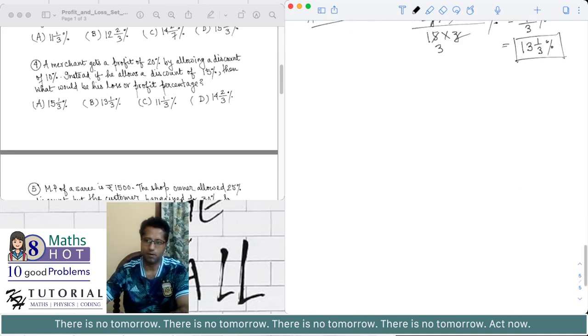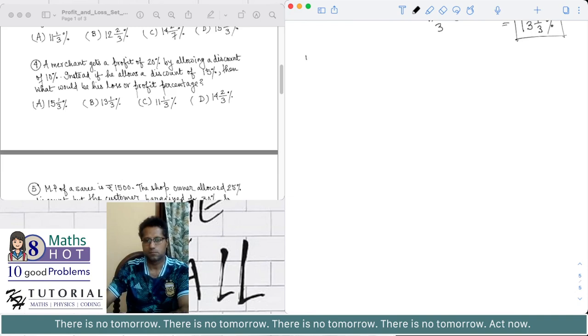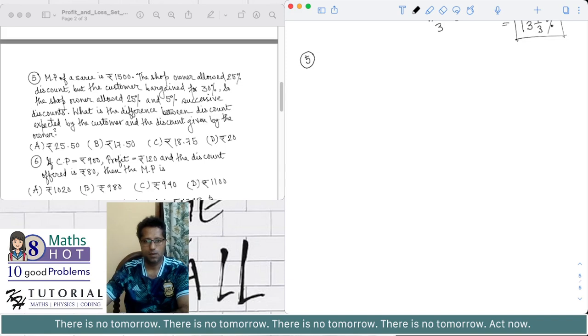Let's do problem number 5. Mark price of a sari is rupees 1500. The shop owner allowed 25% discount, but the customer bargained for 30%. So the shopkeeper allowed 25% and 5% successive discounts.